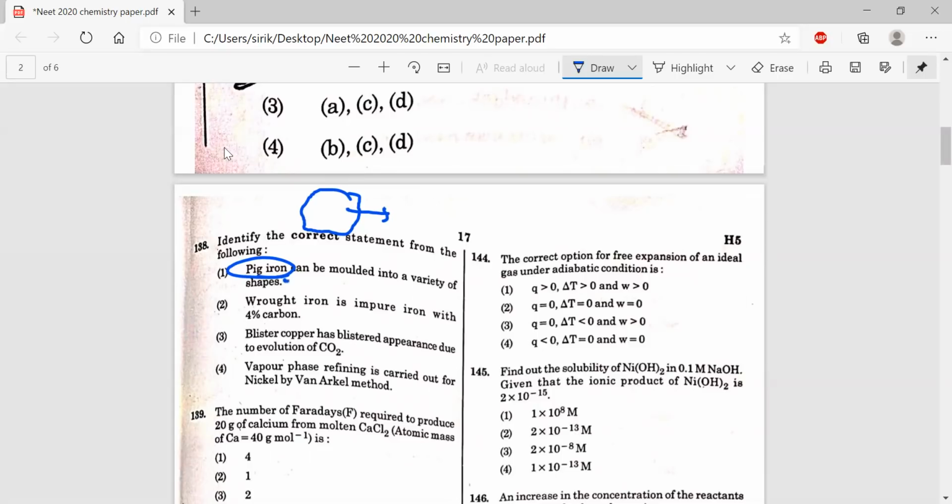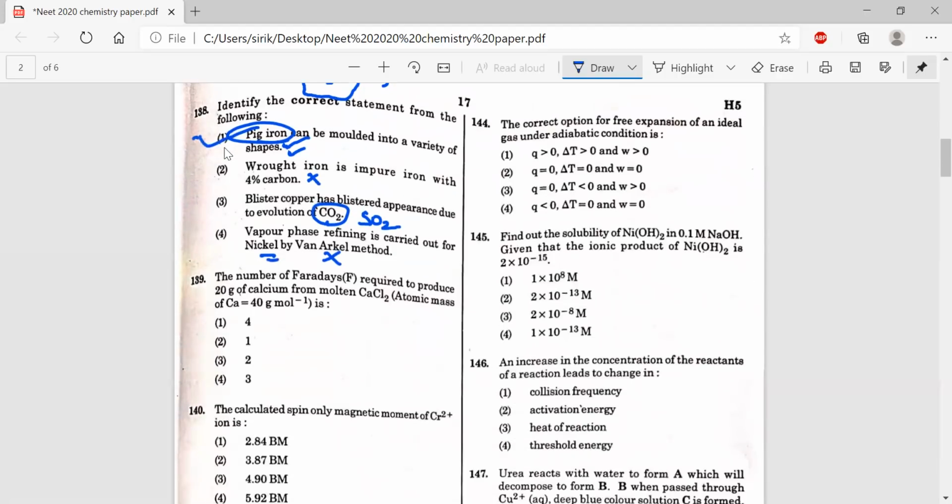We can mold it not only in a pig kind of shape, we can mold it in any other kind of shapes. And wrought iron is impure form, no, wrong answer. Wrought iron is one of the purest forms. Blister copper means bubbles of SO2 come out from the copper. And vapor phase refining we do for nickel, by Mond's process, not by Van Arkel's process. So the first option is the correct answer.